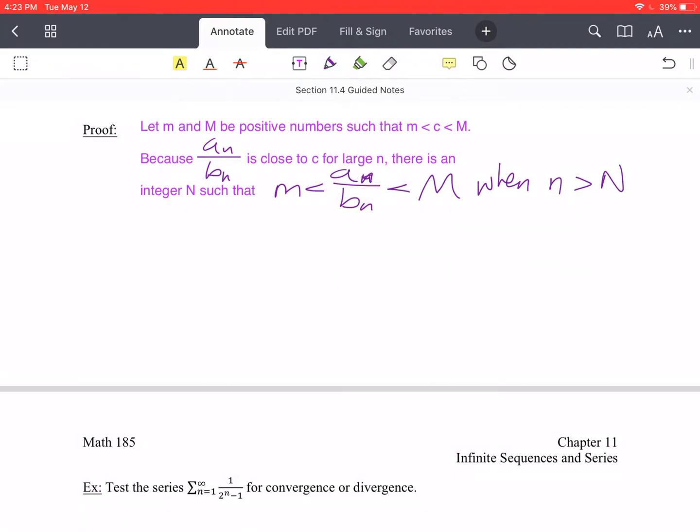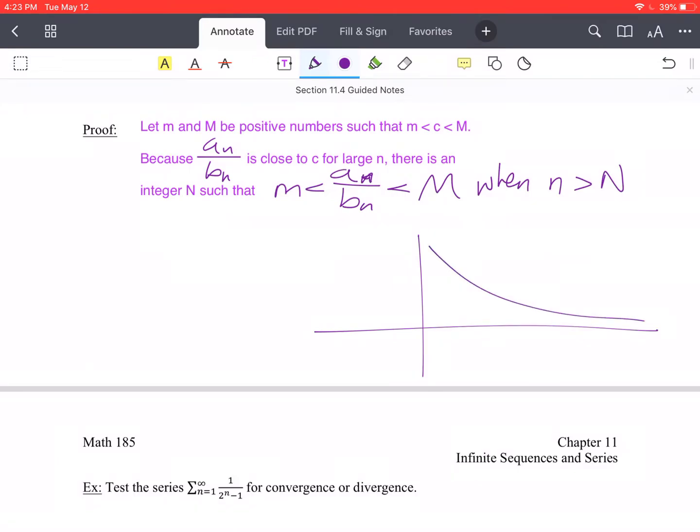What we're saying is, eventually, as we're heading out further and further towards infinity, this quotient is going to get so close to c. So if this is the value of c right here, eventually they're going to get so close that they will be within this range, within the values of little m and big M, right?